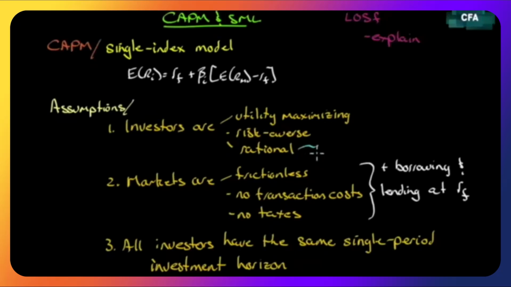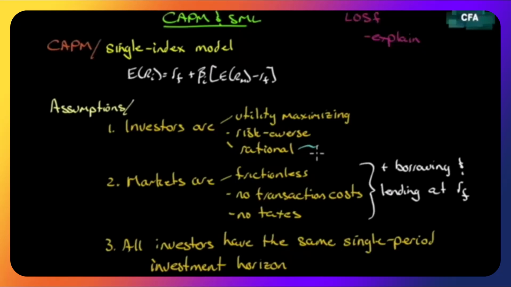Well, there's a lot of work done in behavioral finance that shows that depending on the context that we're in, our consistency is not that consistent. At level 3, you'll be introduced to behavioral finance in a lot more depth. But for number one, investors are utility maximizing, risk averse. Maybe they're not rational, but for the most part, I think we can side with they're rational enough.